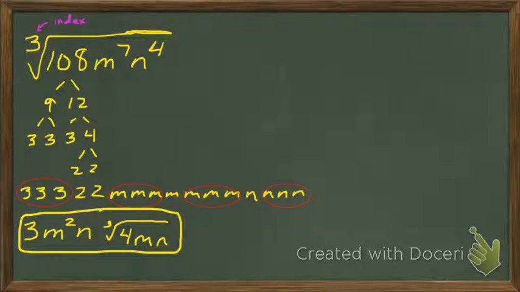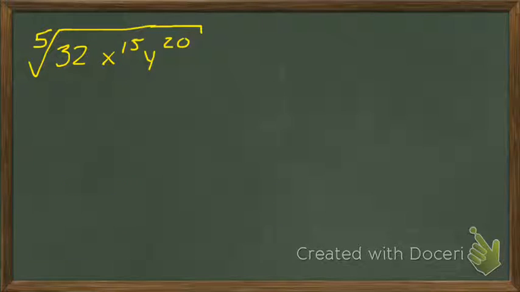All right, your turn. Actually, I'll do this one with you, and then I'll give you one to do. In this one, we're going to break down 32, and our index is 5, so we're going to have to circle 5 of something.